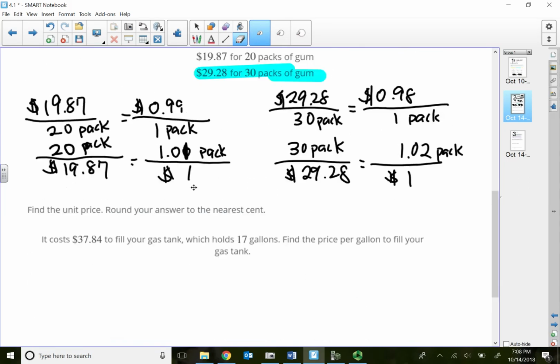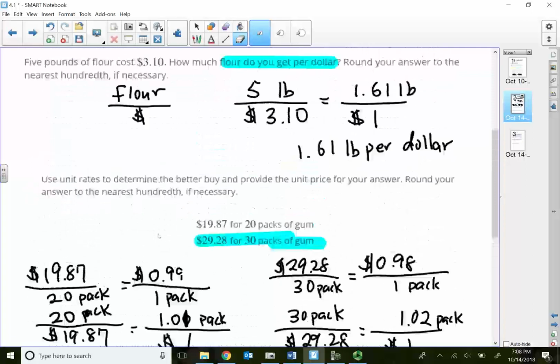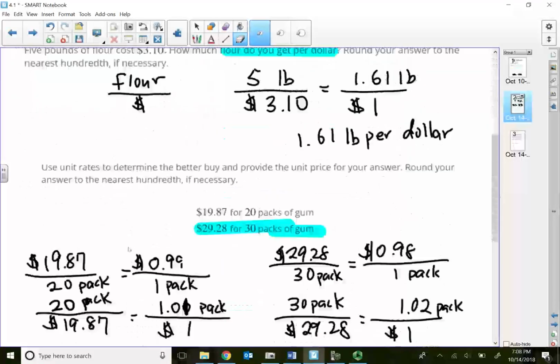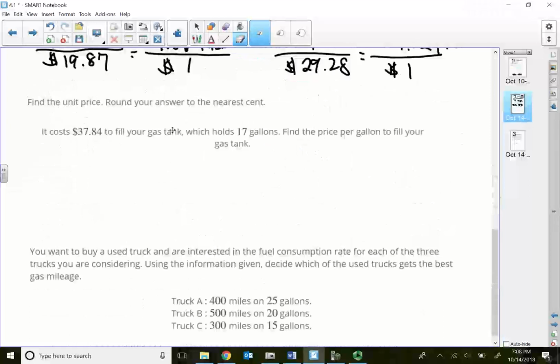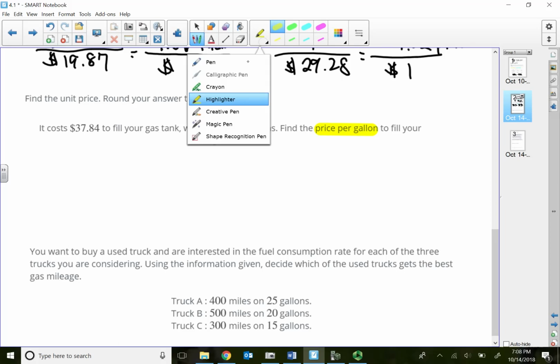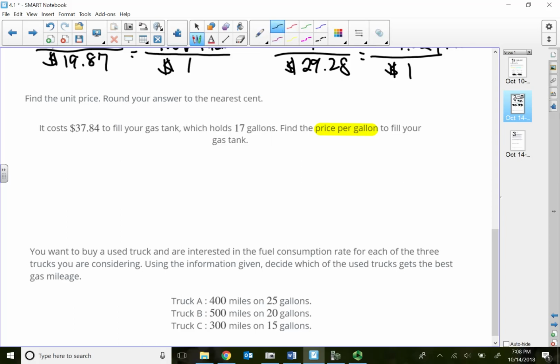All right, find the unit price. A lot of times with unit price, it's tricky. This problem tells me specifically to find the price per gallon to fill your gas tank. When they say price per gallon, that means price goes first. It cost $37.84 to fill my tank, which holds 17 gallons.